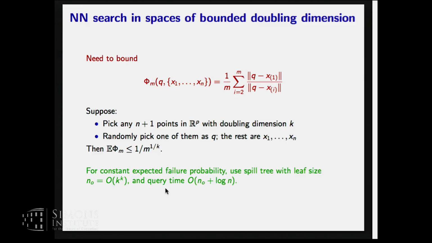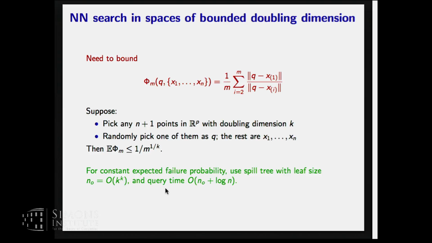And so you get a query time that's roughly k to the k plus log n. Okay? Now, a similar query time, this sort of exponential dependence on k and then the log n, has been obtained for lots of other data structures. So the real difference here is that this is a data structure that's quite widely used and had not been analyzed before, and so it's of interest to see what it does.